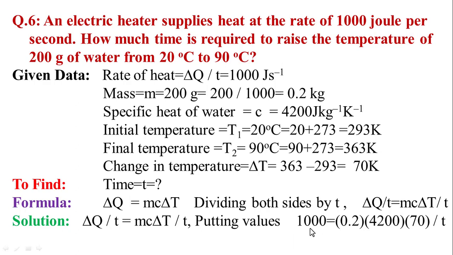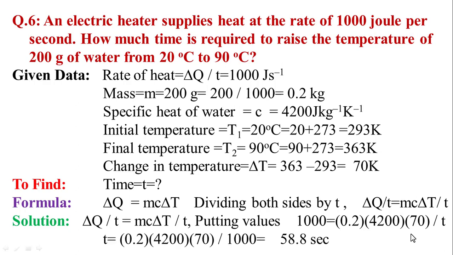Value of mass is equal to 0.2 and value of C is 4200 multiplied by delta T 70 Kelvin divided by the time.